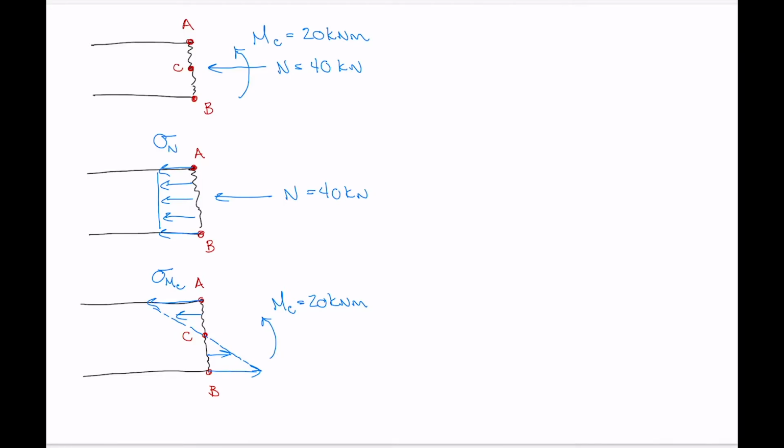So now what we can do is look at our 2 points of interest. If we were to draw the material at point A, what I'm going to do here is pretend we're taking the little square of material that exists at point A and draw it in larger form.